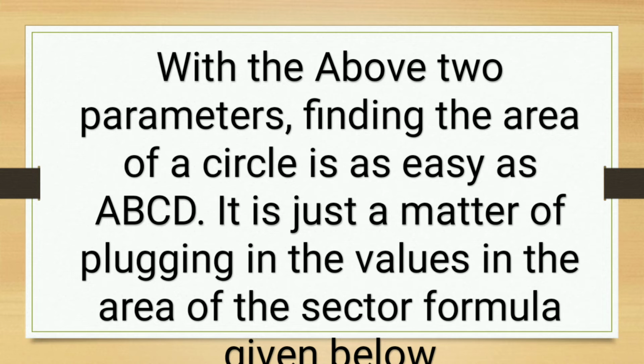With the above two parameters, finding the area of a sector is as easy as ABC. It is just a matter of plugging in the values in the area of a sector formula given below.